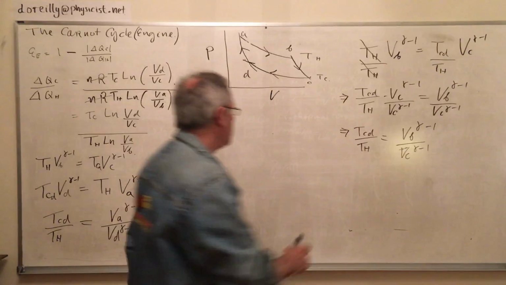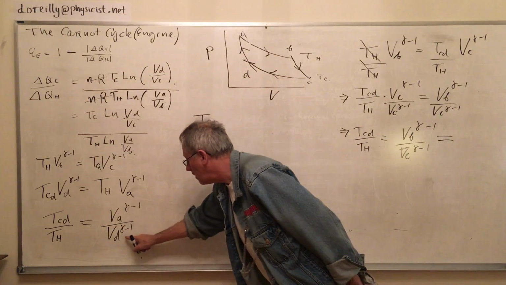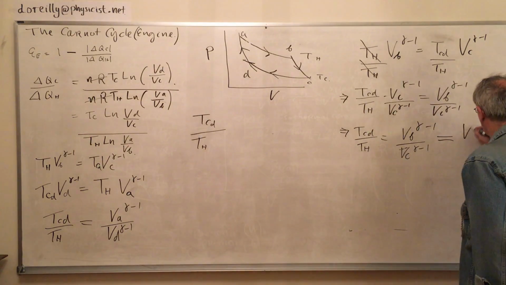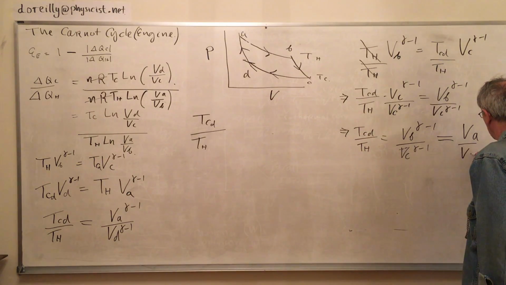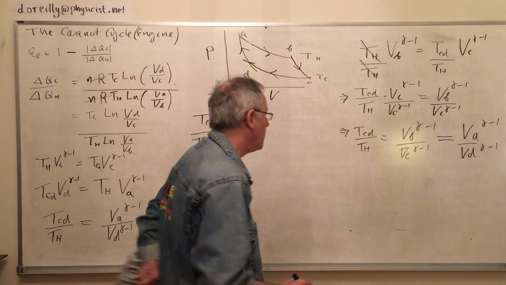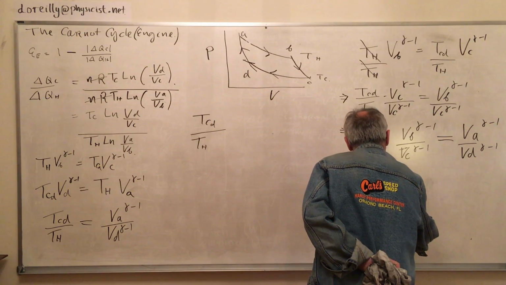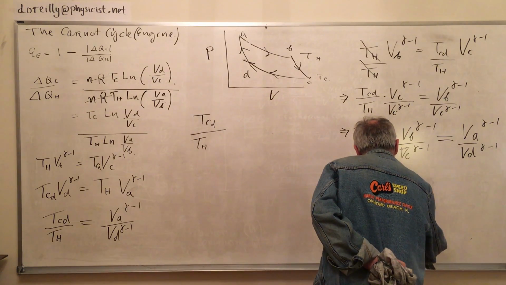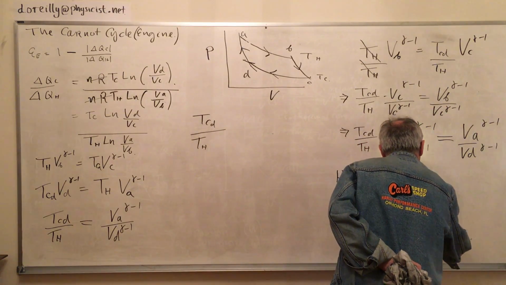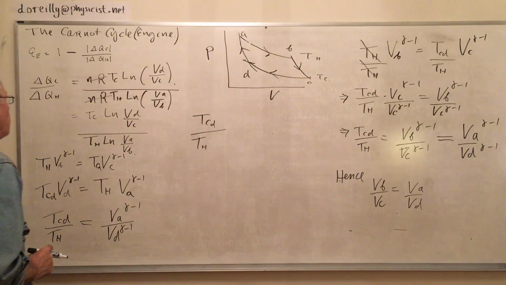So I get T cold over T hot also equal to VA over VD. Now they're all to the power of gamma minus 1, so I get the funny result that hence VB over VC is VA over VD.